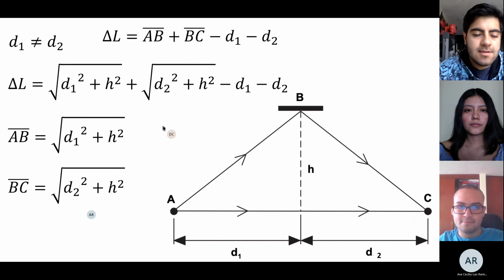So we now get this expression of delta L. This is a more complicated expression than the one before. And also to obtain the errors of this expression would be more difficult, because we now would have to take into account the error of D1, h, and D2.